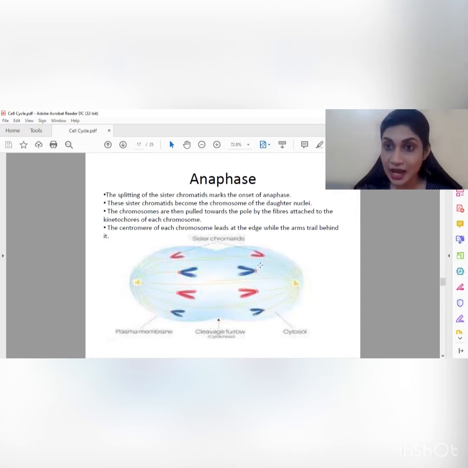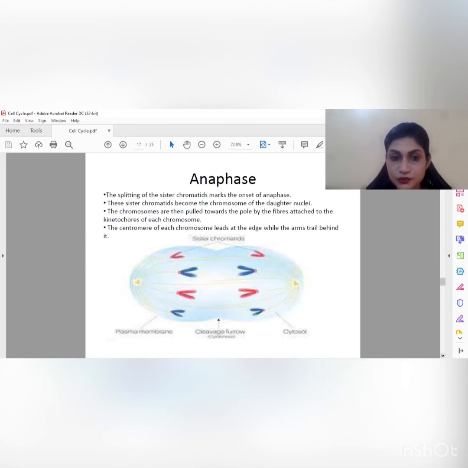The centromere will always be the one leading towards the centriole, not the arms. The arms are the tail part and the centromere is the head part while moving towards the opposite pole during anaphase. It is one of the major characteristics that the chromosomes divide and move to the opposite poles during anaphase.